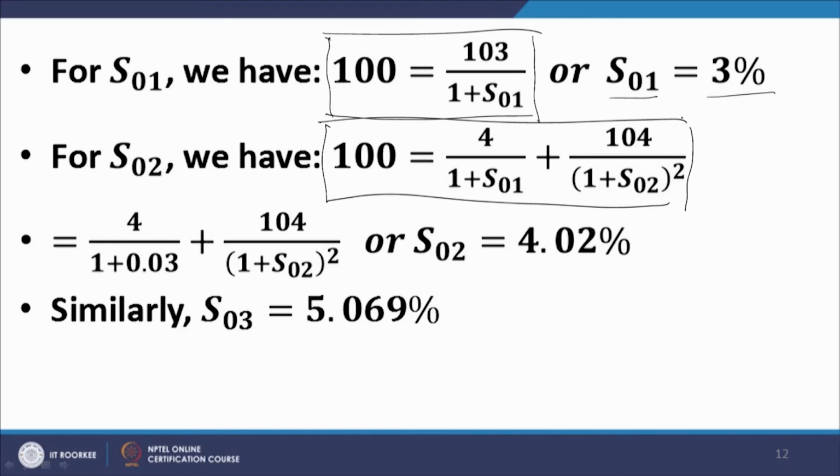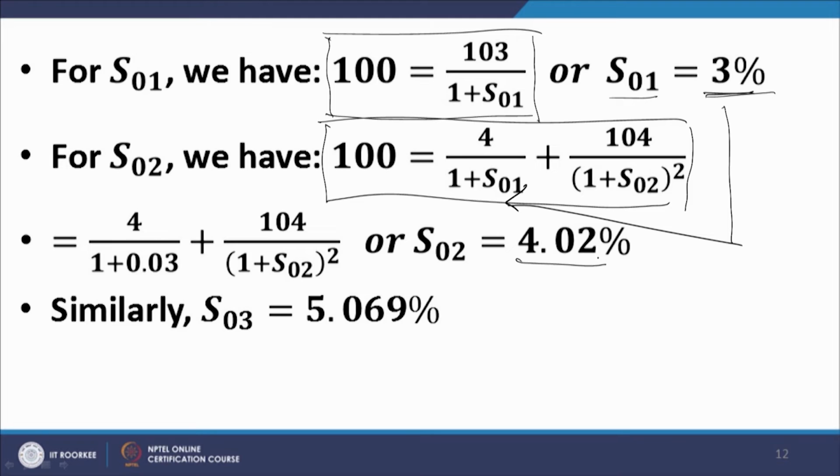When we solve this equation, using S01 equal to 3%, which is given here, we substitute this value and we get an equation for S02, one unknown, and what we find is S02 is equal to 4.02%. Similarly, we can find S03.